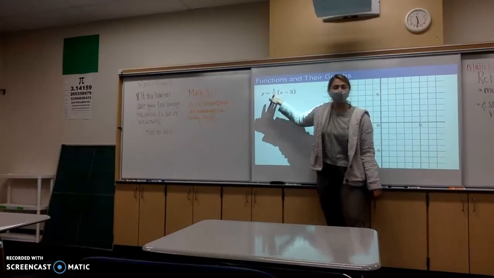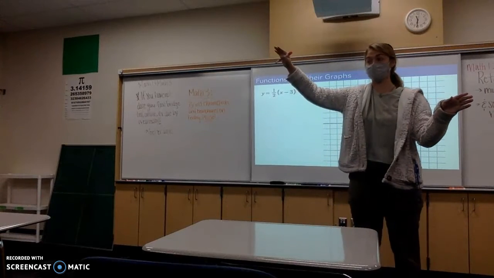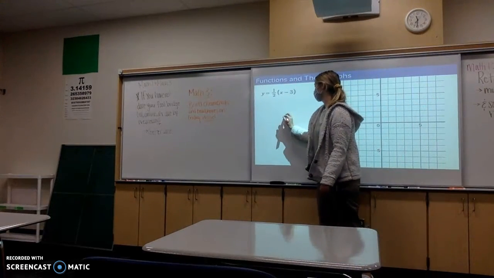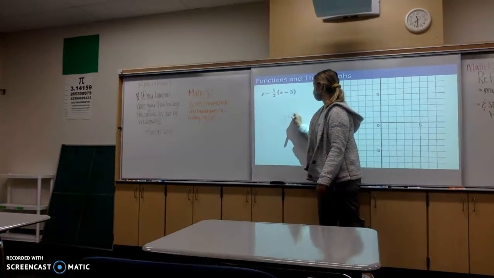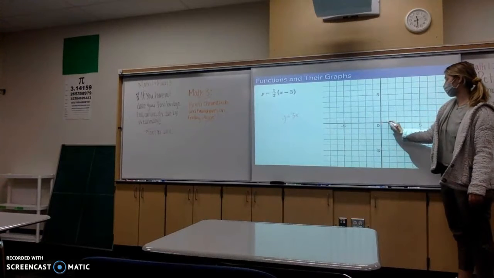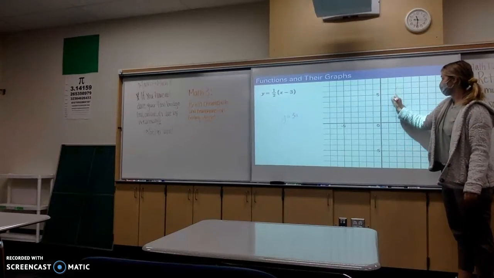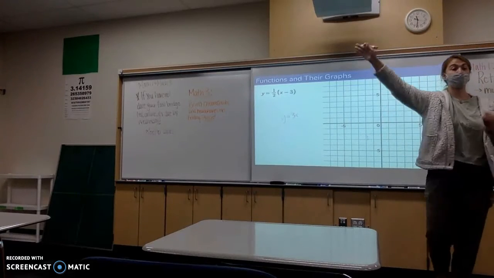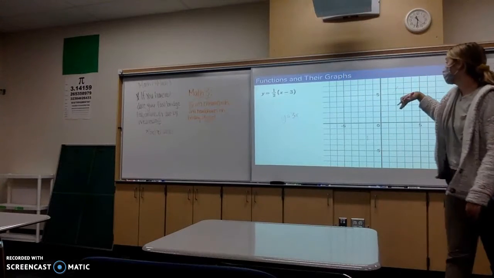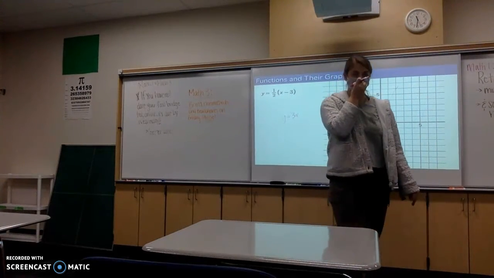This on the outside tells us how big or how fast it's traveling. Okay, that's the same thing as slope. Like I could have a slope of 3 if I have y equals 3x. Every one I go over, I go up 3. That line is traveling super fast. It's super steep. Something like a half is going to be half as steep.